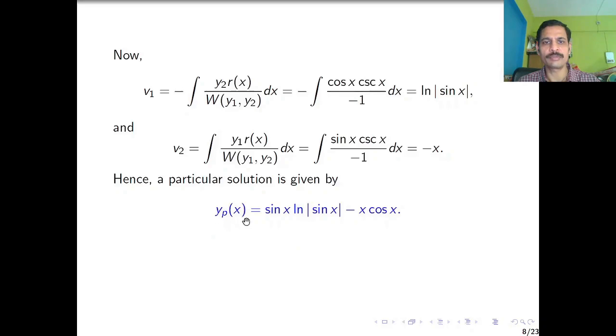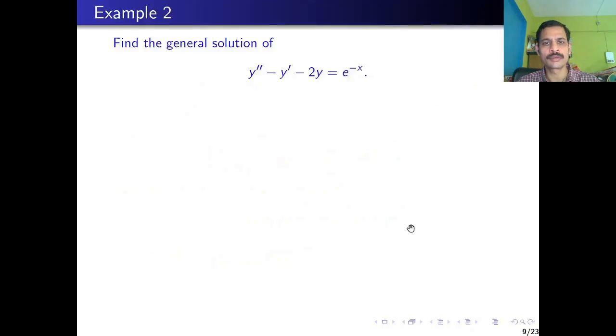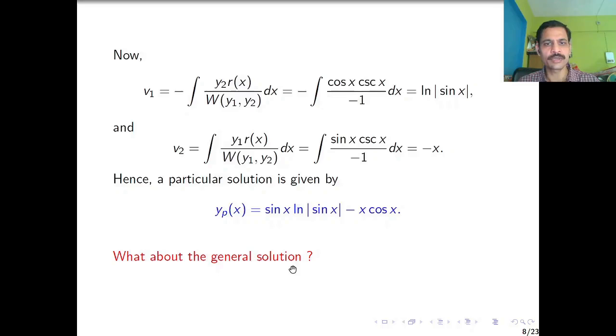So we get yp is equal to sin x ln mod sin x minus x cos x. So what about the general solution? You can compute it yourself and write down the general solution.